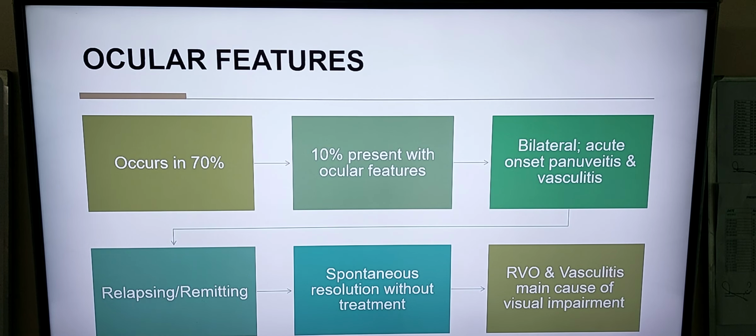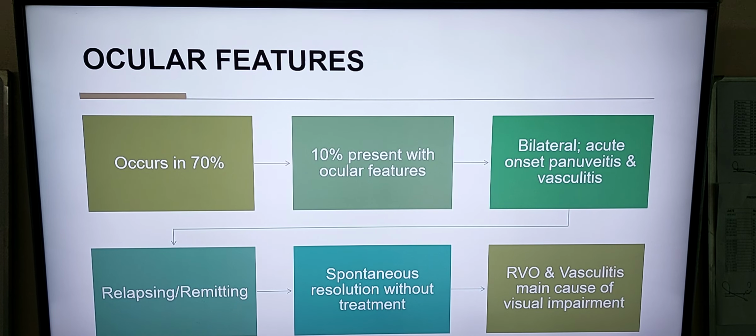So now coming to the ocular features. Ocular features occur in 70% of the patients with Behcet's disease, and 10% of the patients with Behcet's disease present with ocular features.